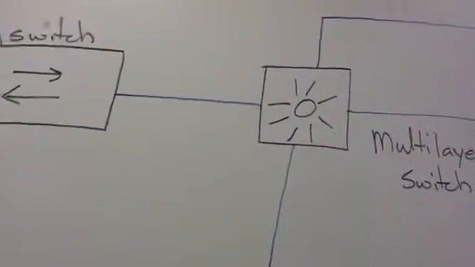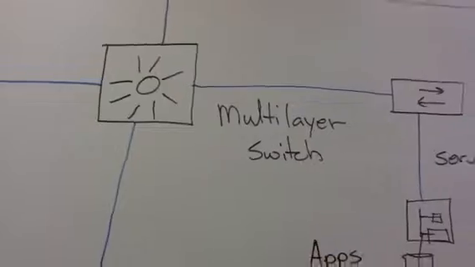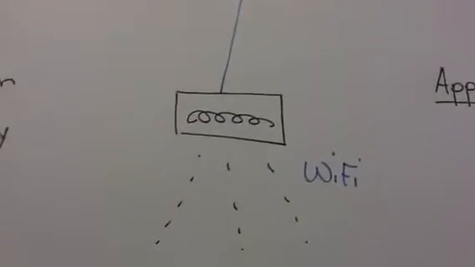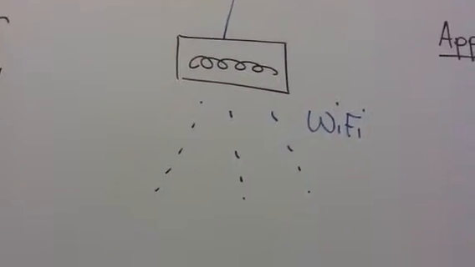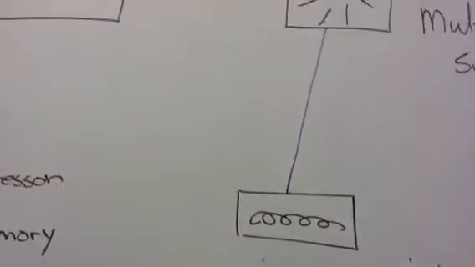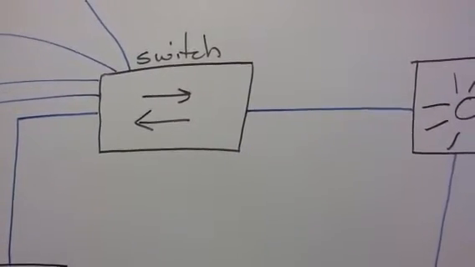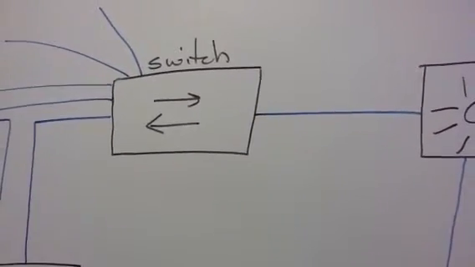In our case, the switch is connected here at the college. We have a multi-layered switch, and from there we can have things connected like we talked about an access point with Wi-Fi, connected back to switches that cover different buildings, classrooms, and so forth.